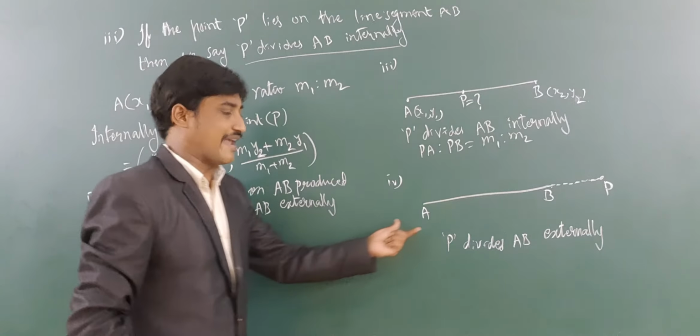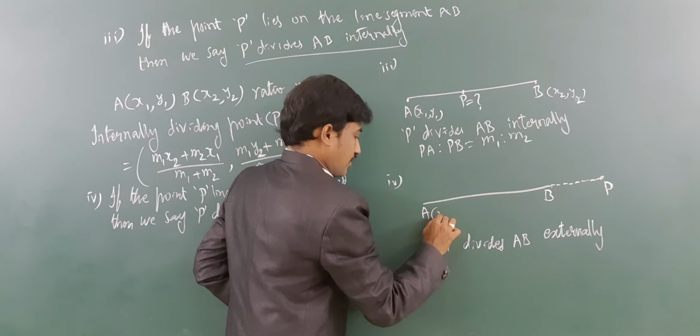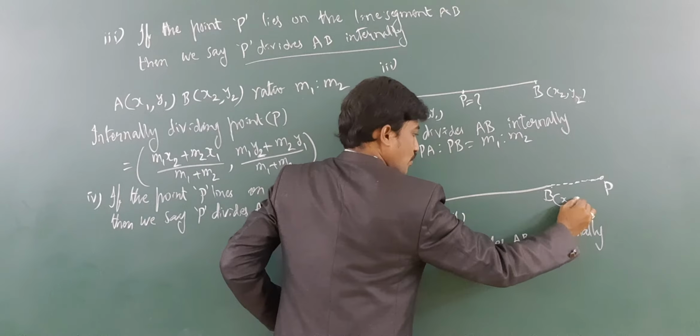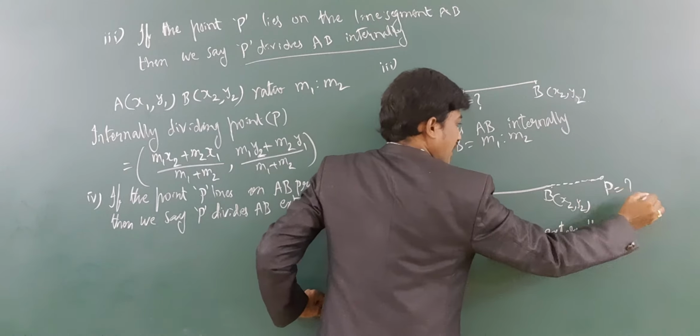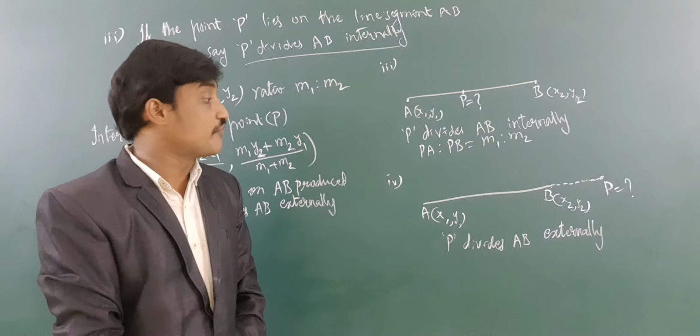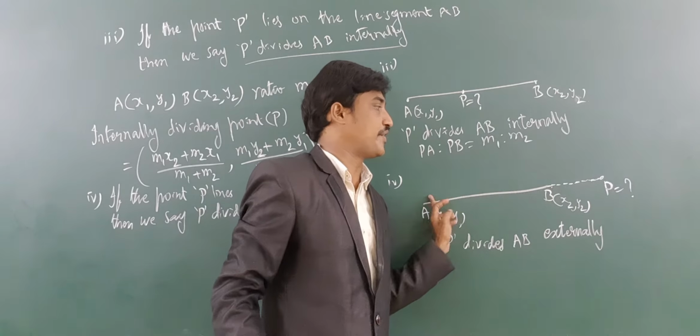If A is described with the vector x1 y1 and B is x2 y2, then we can find the externally dividing point P if we know the ratio PA is to PB.